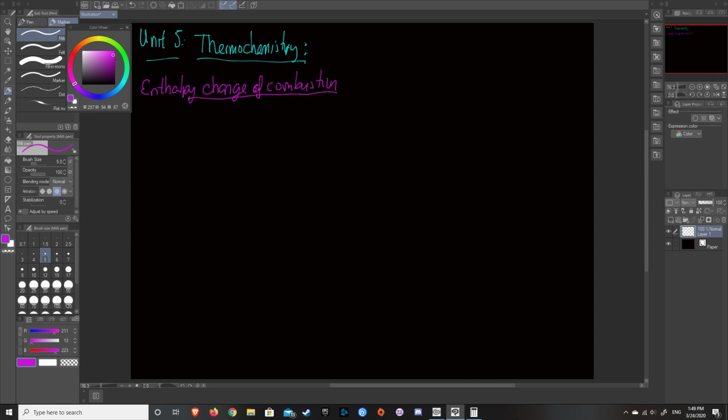So this is again just a unit where you mainly have to use your textbook. Remember, in the last video we did delta H of F, and that's the enthalpy change of formation from its elements in their standard state.